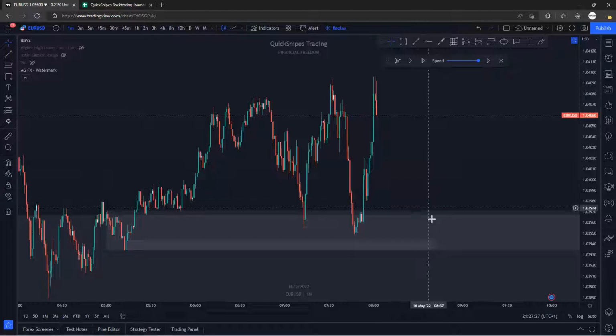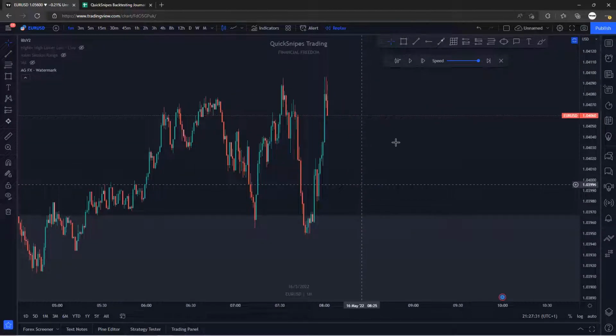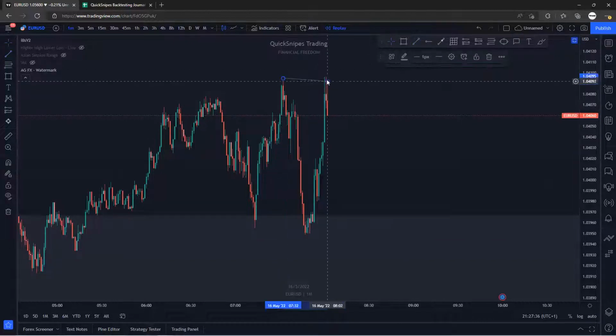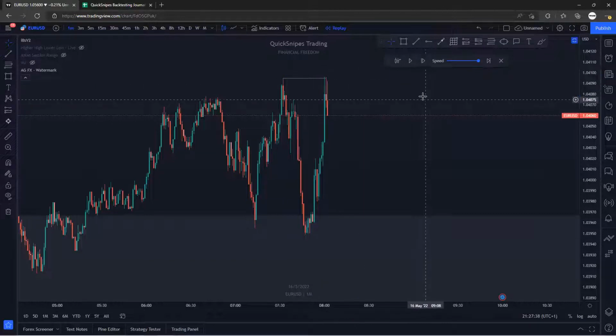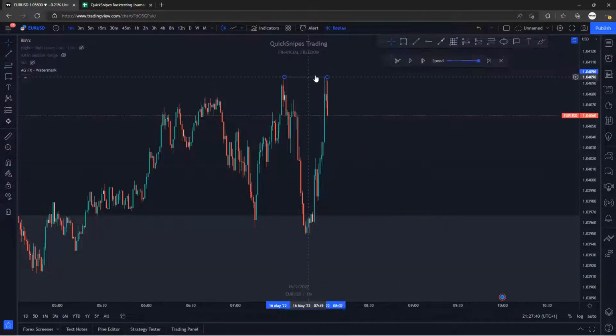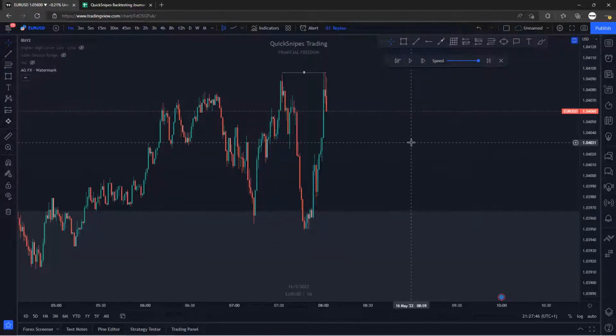Oh well, we don't feel down after losses because we know there's always another trade. However, we have formed liquidity yet again. So I'm going to mark that up as liquidity. Nice.